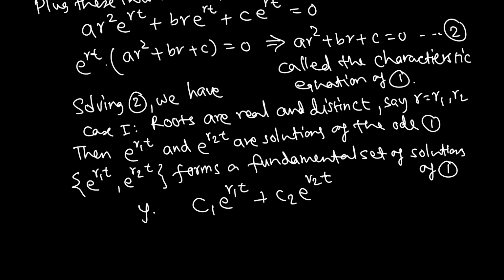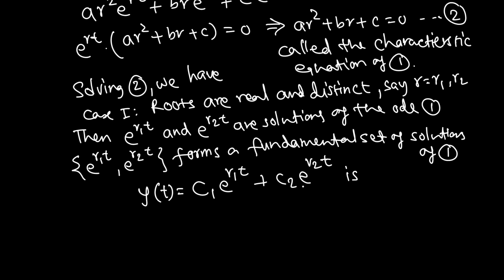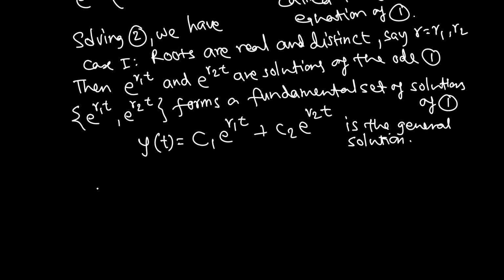So y as a function of t equals C1 e^(r1 t) plus C2 e^(r2 t) is the general solution. These constants could be anything. Some people say a general solution, same thing. This is how we find the solution for this type. Let me do one example.